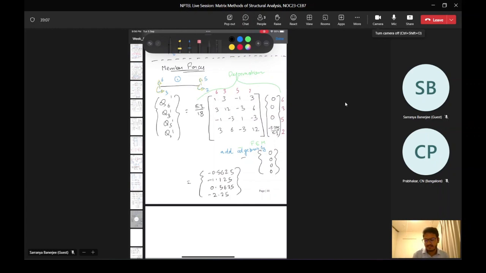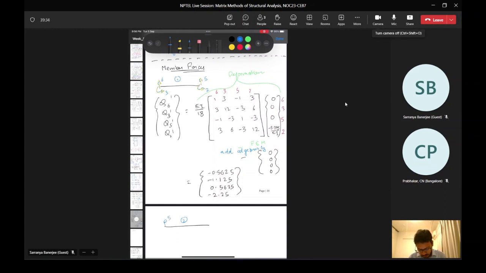The reason is, if we now find the different member forces for member 2, then we could easily relate that at the same joint, joint B where the two members meet, the forces should be in equilibrium, right? So from there you can understand whether your answers are correct or not.